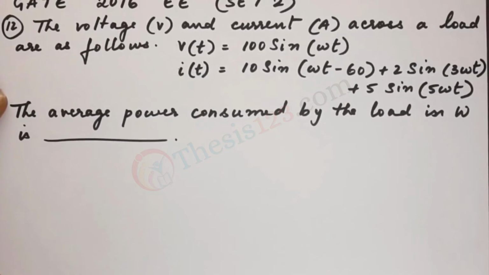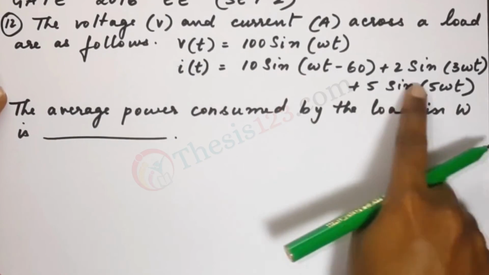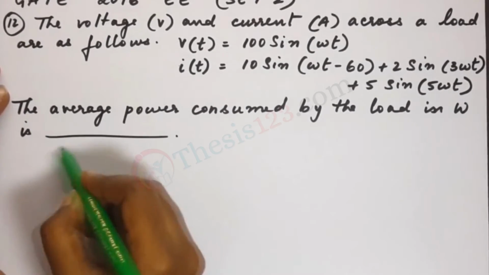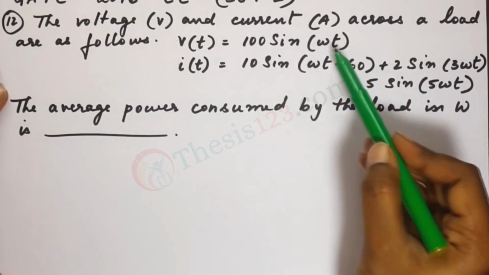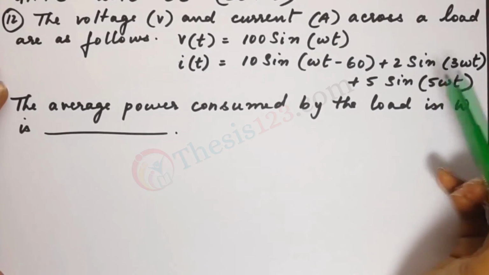Now we have been given the equation for voltage and the equation for current. So we have to find out the average power. Based on the equations, you will notice that it is in terms of AC.